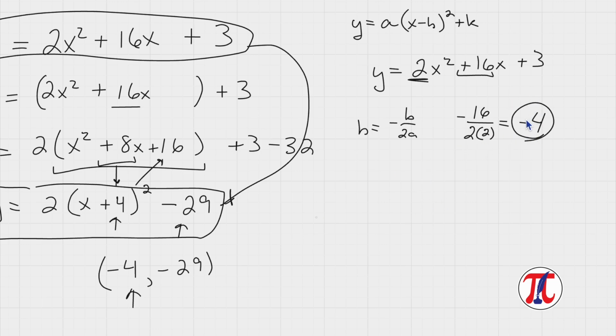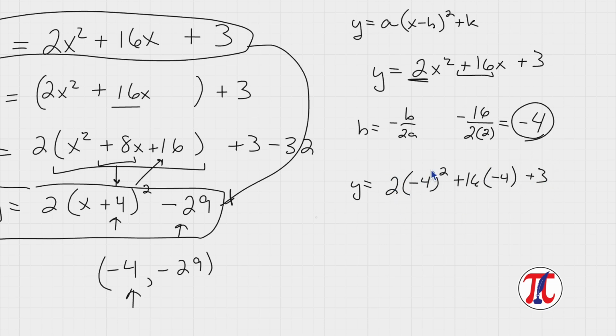To get my y value, anytime you have an x value and you want to get the y value and you have the function, you just put that in for x. So my y value can be found by putting negative 4 in for x. Anywhere I see an x, I put a negative 4. So 2 times negative 4 squared, plus 16 times negative 4, plus 3.